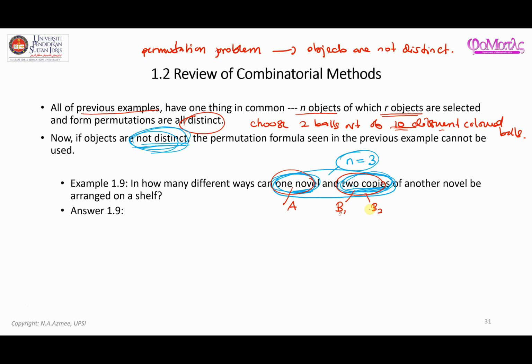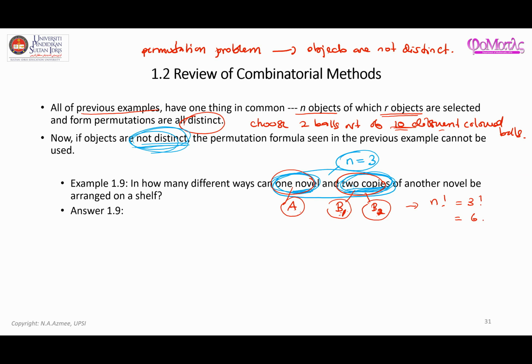By doing this, we are giving them some sort of differentiation. We assume that we have 3 distinct objects, and we have learned in the previous video that you can arrange them in n factorial ways, which in this case is 3 factorial, equal to 6 different arrangements.